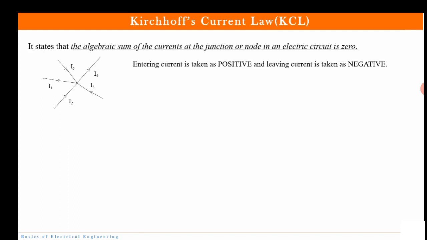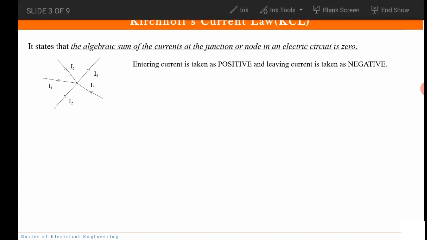Now let us come to Kirchhoff's current law. The first law is known as Kirchhoff's current law, which was given by Kirchhoff. Basically it deals with node. Okay, so a node is where two or more circuit elements are joined together. So if you notice here, this point is a node, right?